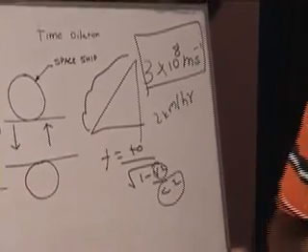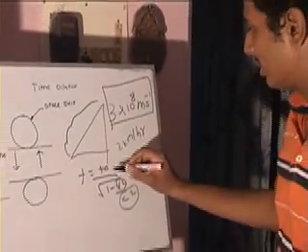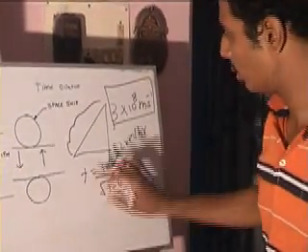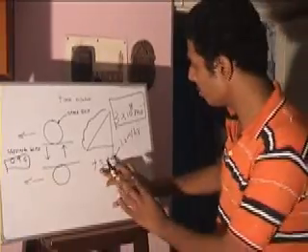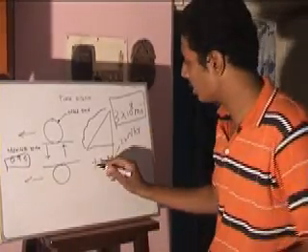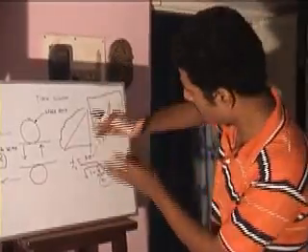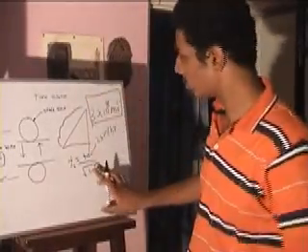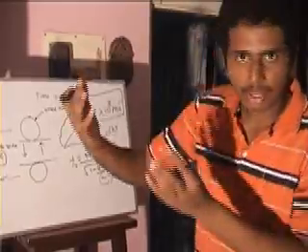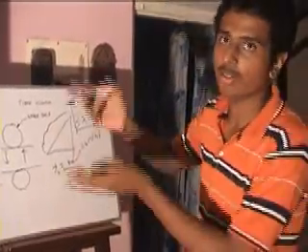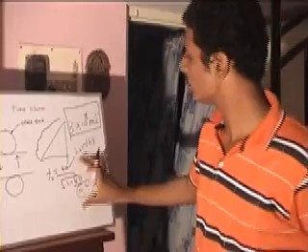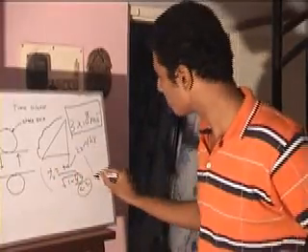What he says is that the time I measure at rest is t naught, and the time I measure when I am traveling at a velocity v is equal to the time at rest divided by the square root of 1 minus the velocity I am traveling divided by the velocity of light, whole squared. He gave a very simple expression.